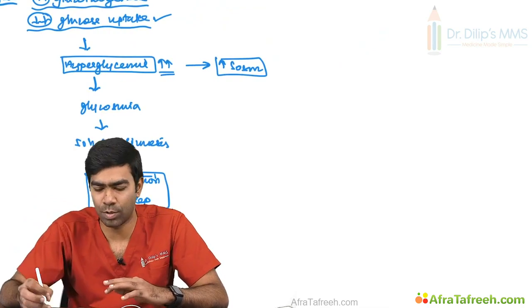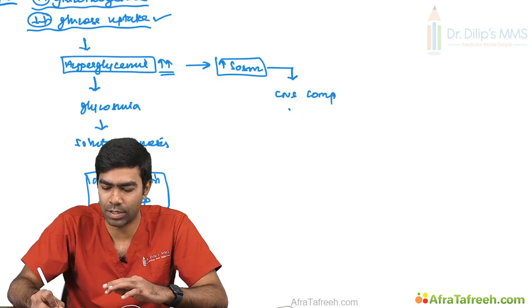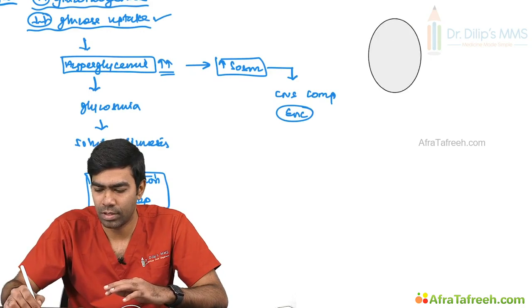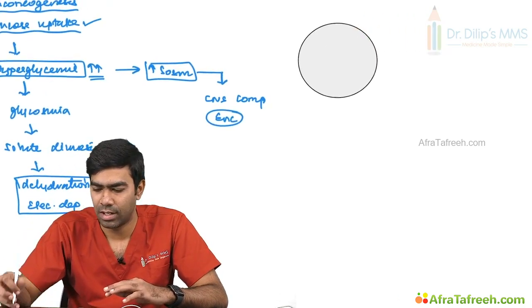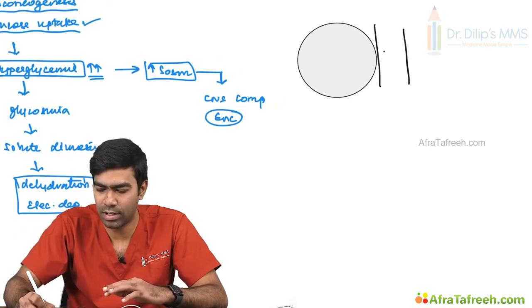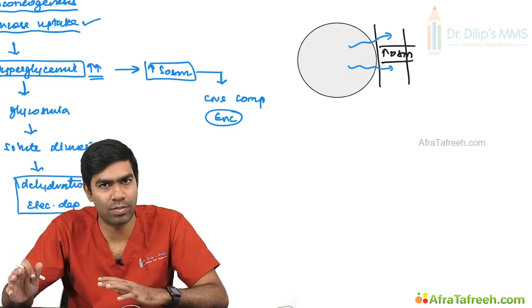So this hyperosmolality itself can result in CNS complications and encephalopathy. We know very well that if there is a cell, and outside you are going to have very high osmolarity, that will result in cellular dehydration, which means the water is going to move out of the cell.